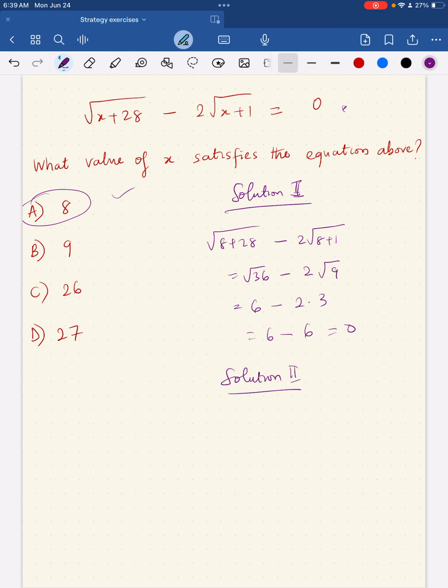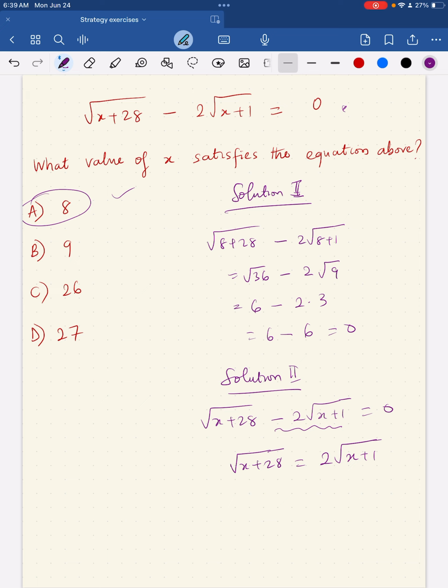So let's rewrite this equation again. Minus this equals to 0. Now this is negative here. If I add this to both sides, this will become the square root of x plus 28 equals to 2 times square root of x plus 1.